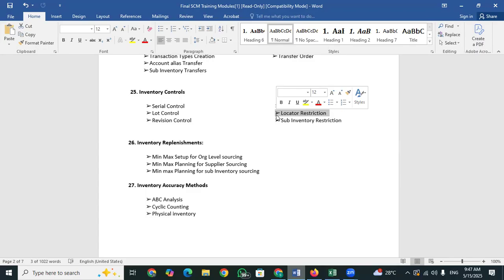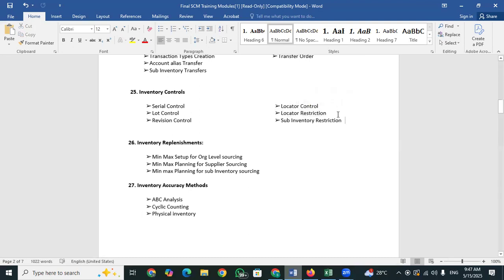We can also restrict locations, so no transactions are made at the location level. That is called locator-related and sub-inventory restrictions, the same as before, right? In the training, you can learn very clearly in which business these controls are used, and how to configure and set them up in the application.